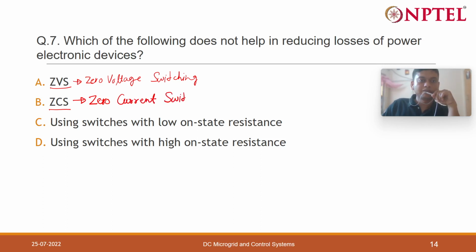We have two types of switching schemes in power electronics converters, that is hard switching and soft switching topology. So these are soft switching methods.